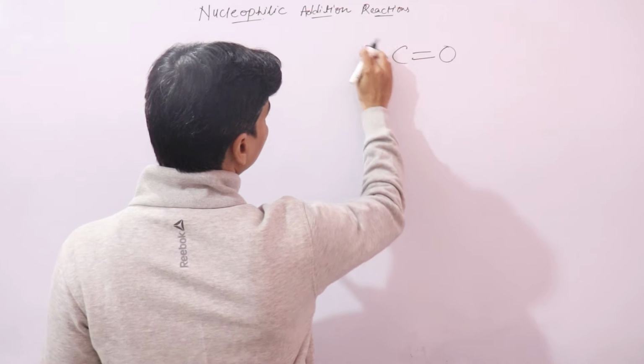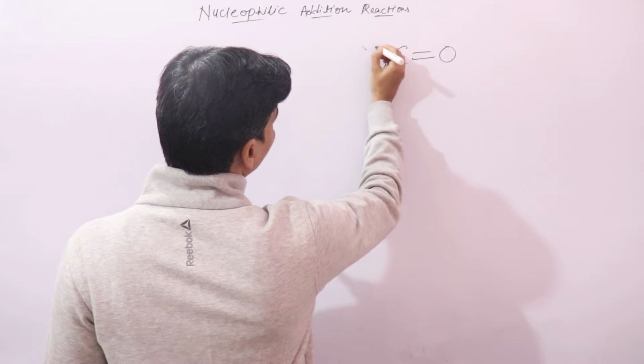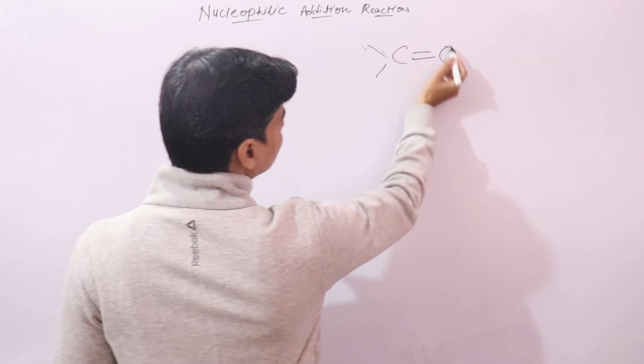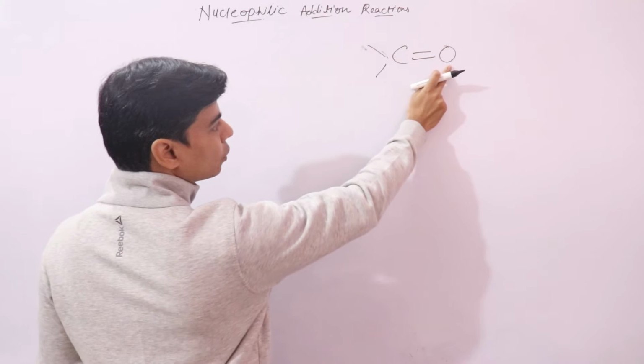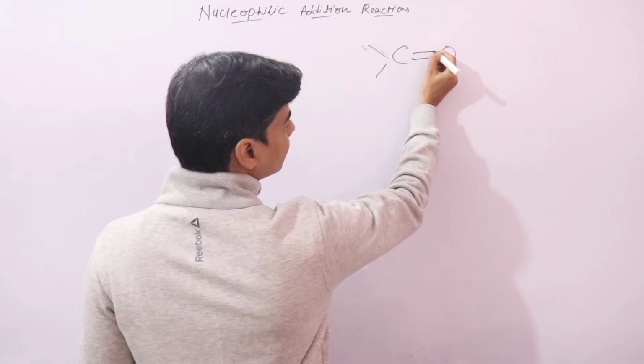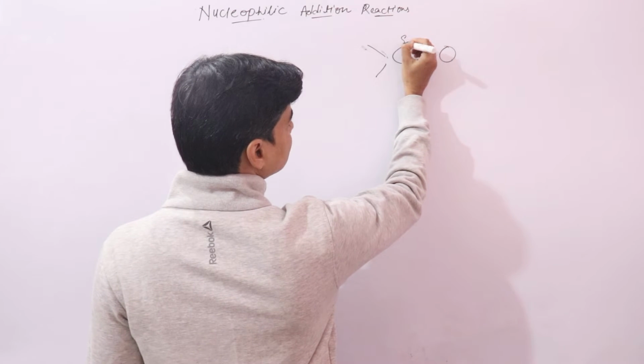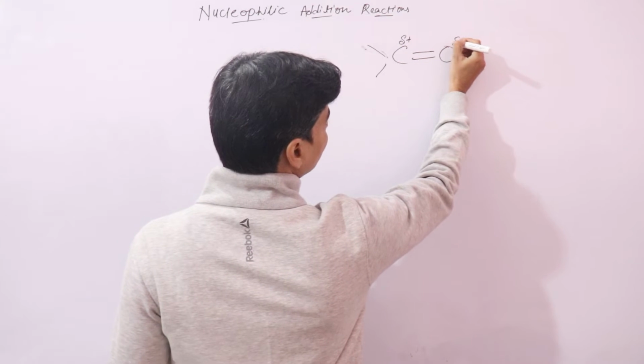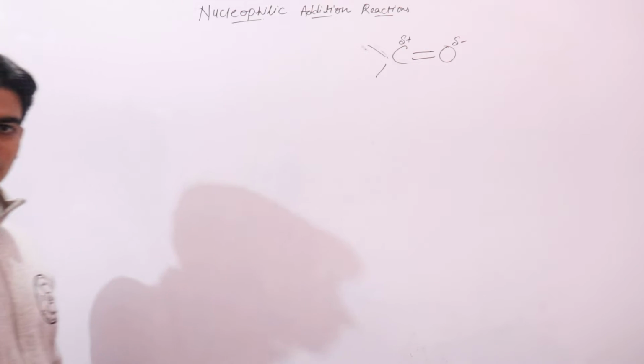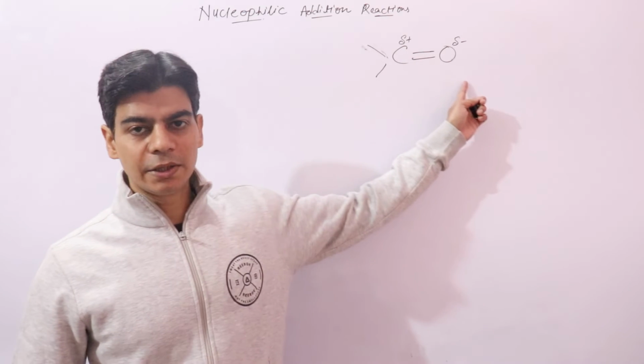This is how it looks, right? This is your carbonyl carbon, this is your oxygen, and we know that the carbonyl carbon has a small positive charge and the oxygen has a slight negative charge due to electronegativity difference.